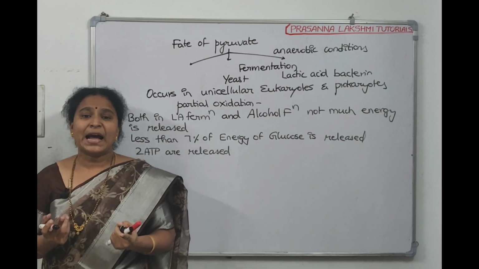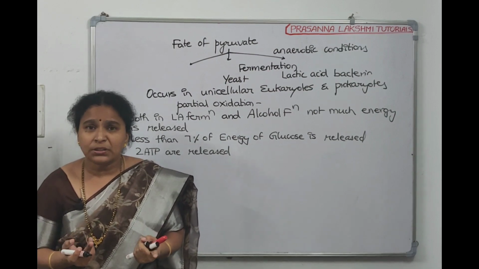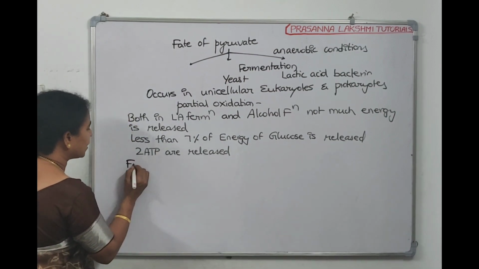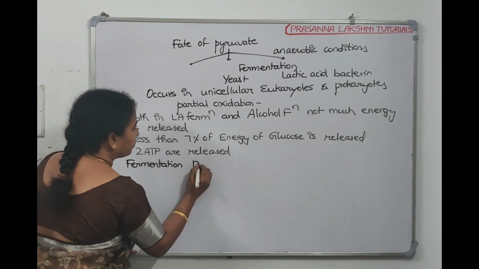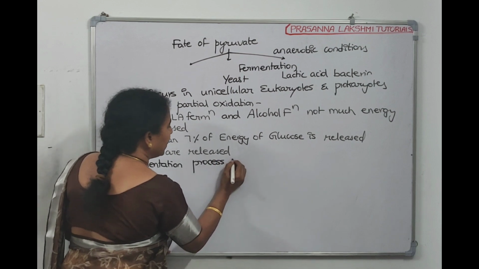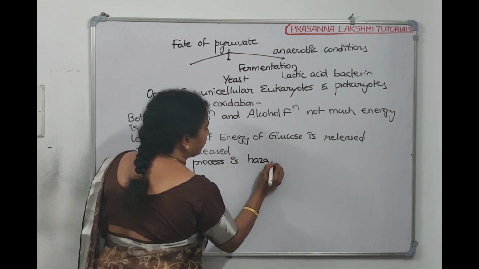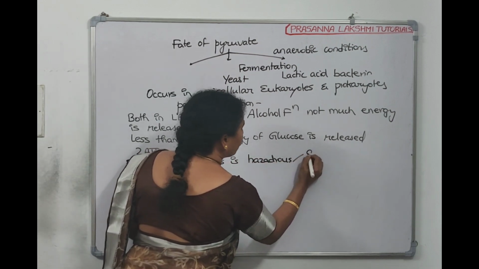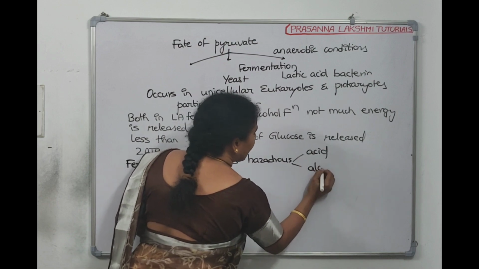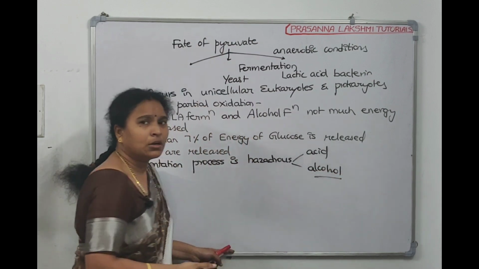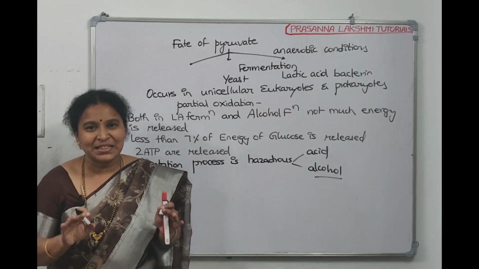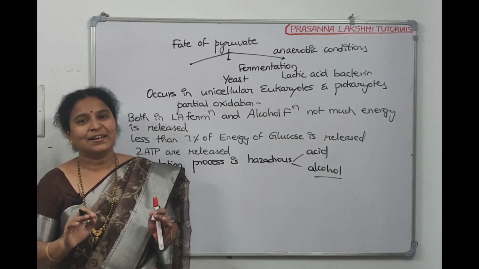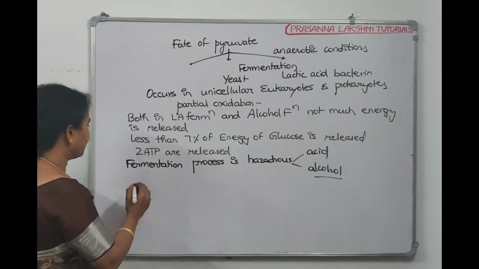Both are hazardous, so we can say the fermentation process is hazardous. Both acid and alcohol are not good. Yeast makes only alcohol, and yeast will poison itself if the alcohol content is above 13%.